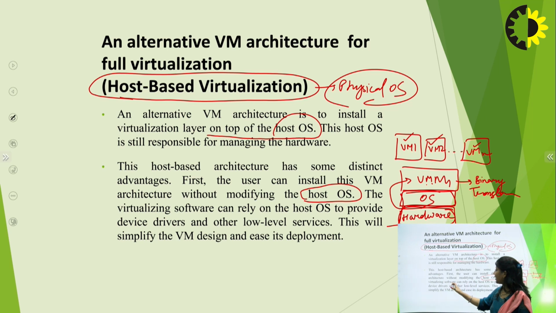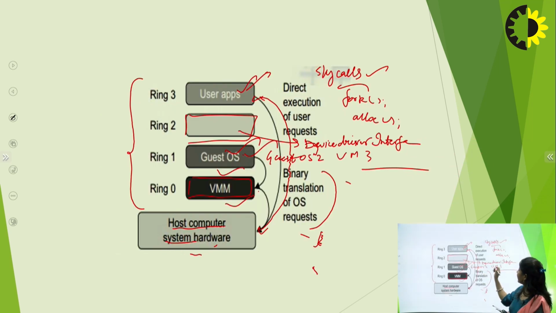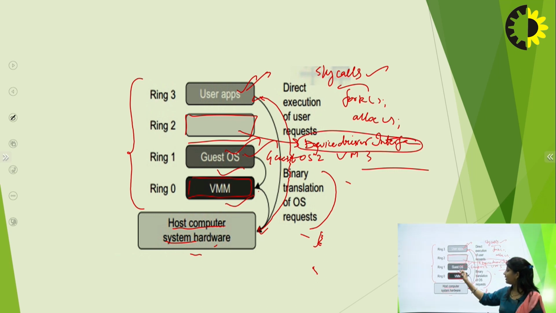The virtualization software can rely on the host OS to provide the device driver. There is one issue, the drivers, I call that ring 2. There are the device driver interfaces. If we use one host OS, the guest OS is converted into a host OS, and the host OS has its own device driver.